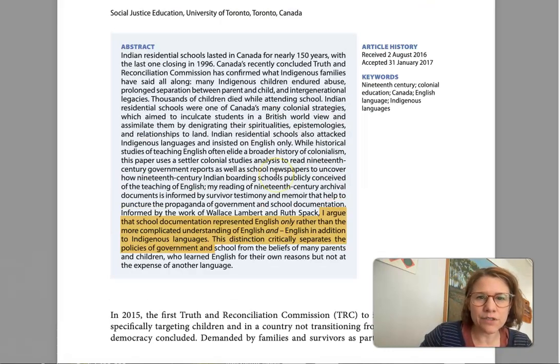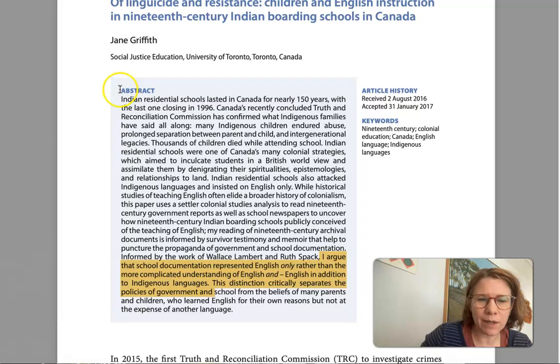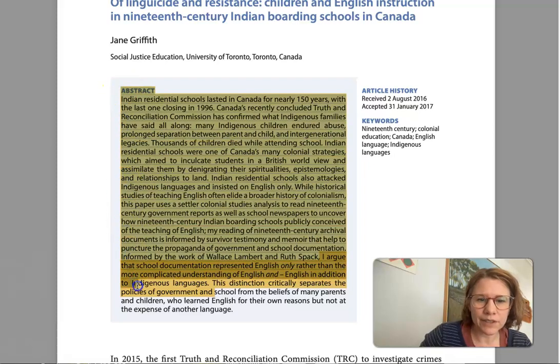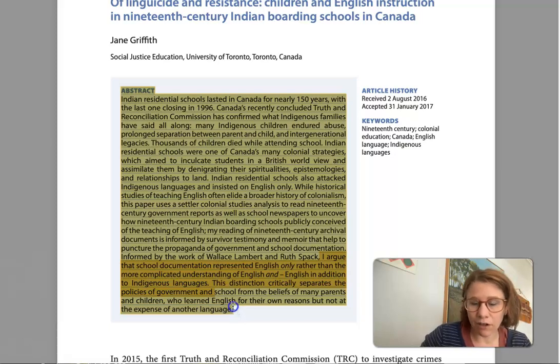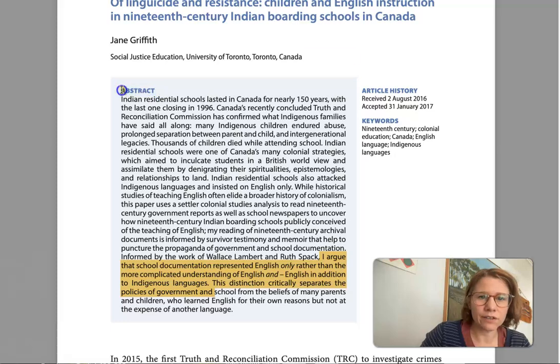So this is the abstract. Some articles will have an abstract, some don't. It's just a short summary of what the article is about, a summary paragraph of what the author is going to argue.